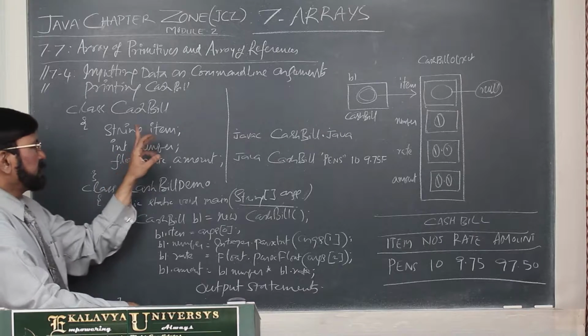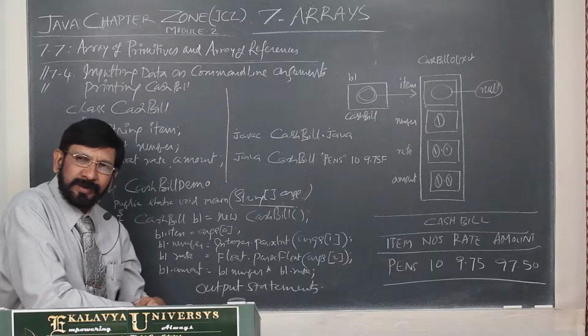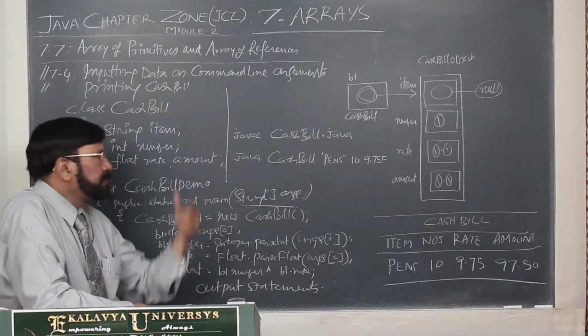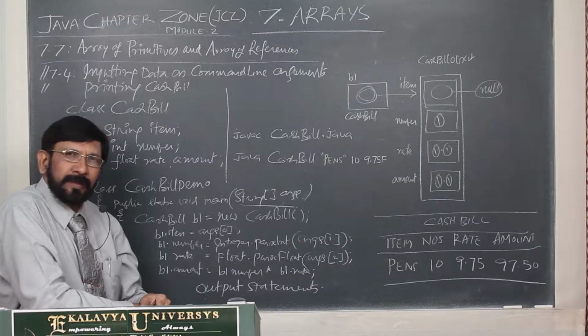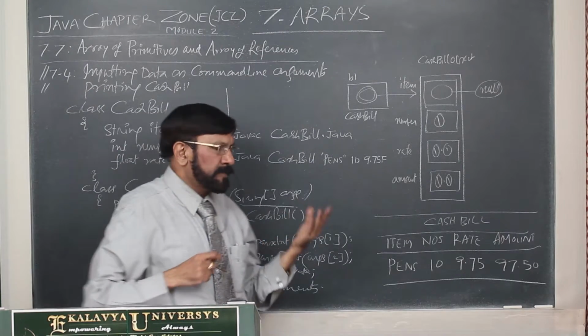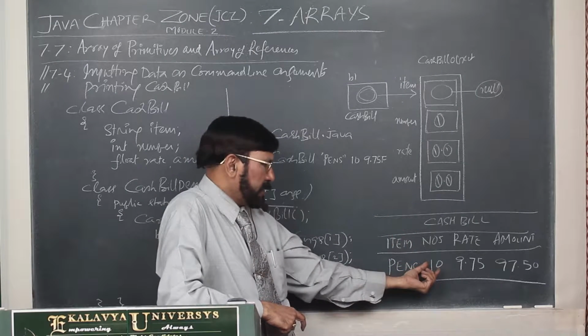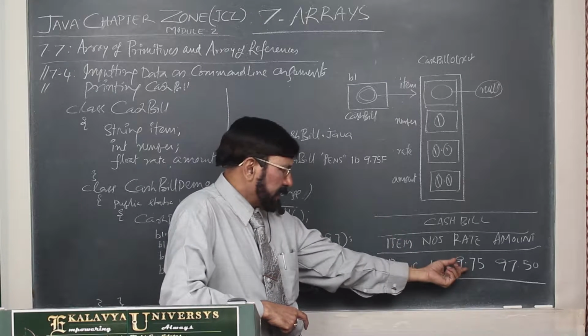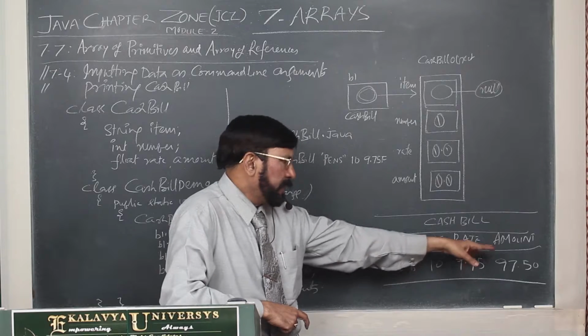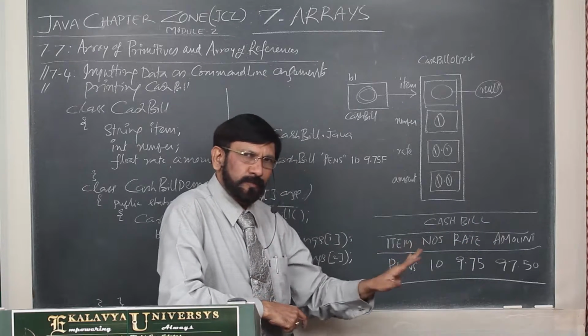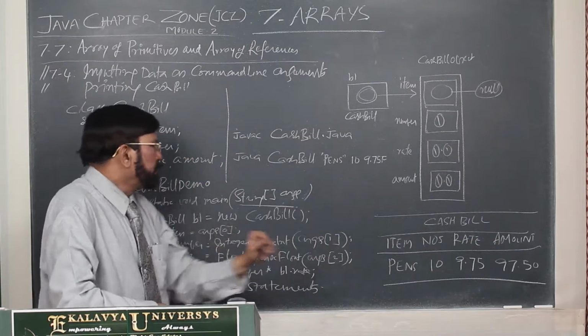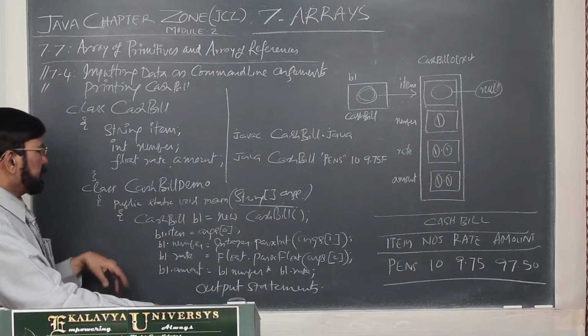In the first one, string item, actually this is the name of the item, because we are writing the cash bill. Cash bill, there are 4 items. First one is item. Item means item name. There are number of items, a rate of one item, and the amount. That you know, a simple domain. Then all that we have written.